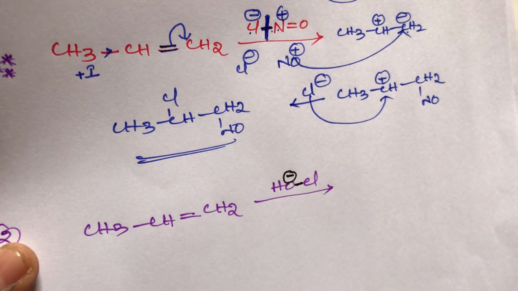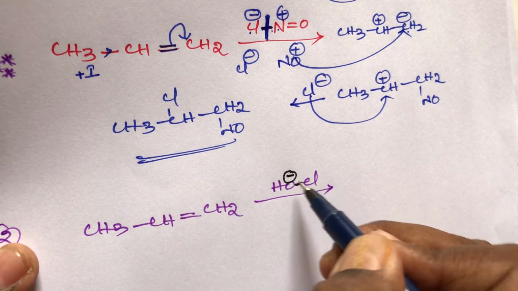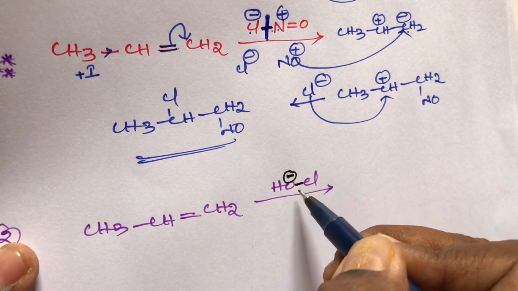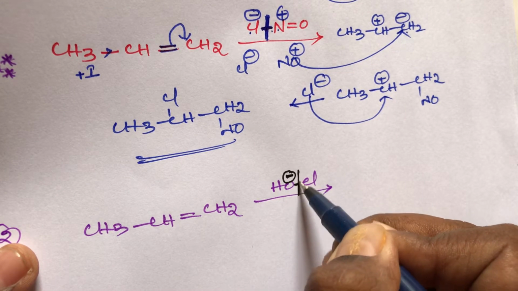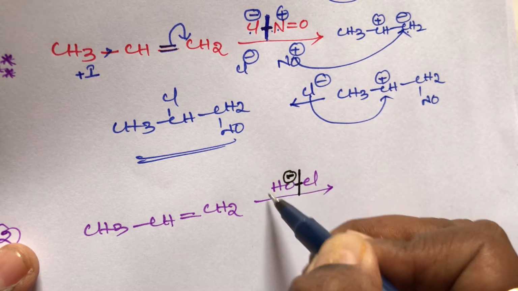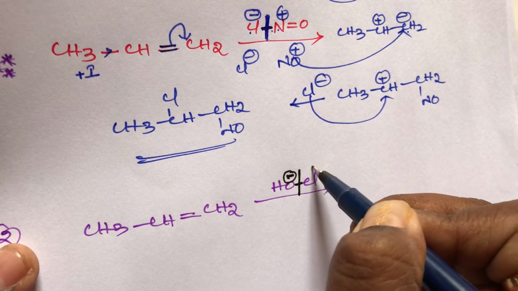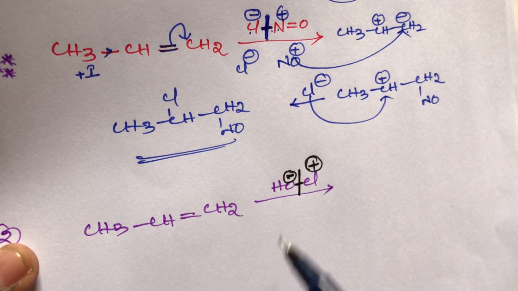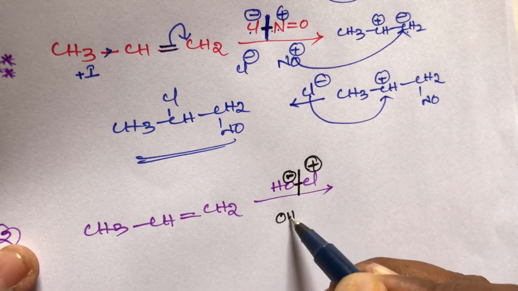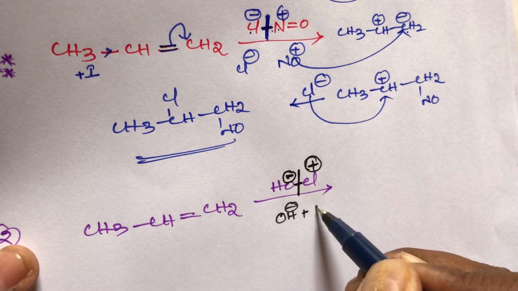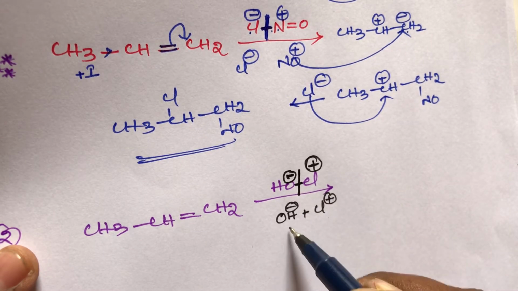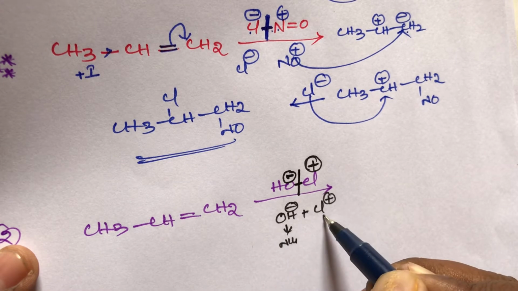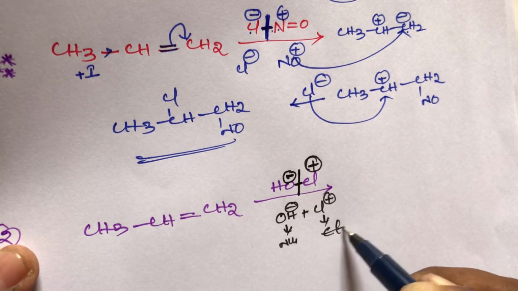Oxygen is more electronegative, chlorine is less electronegative. So the bond breaks, the OH group gets the negative charge and Cl gets the positive charge. Remember, this is very important. OH minus is the nucleophile and Cl plus is the electrophile.